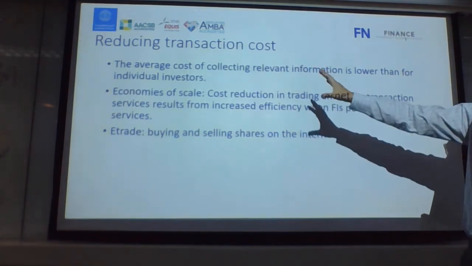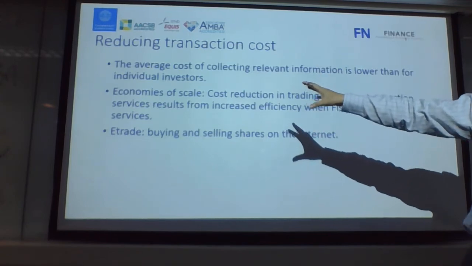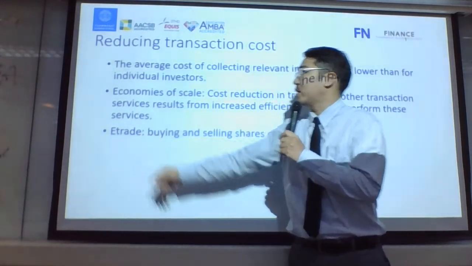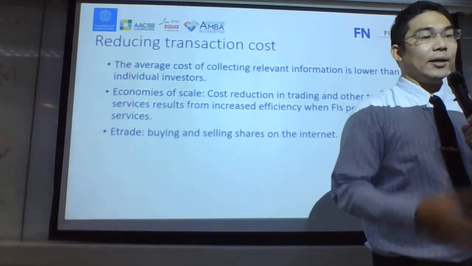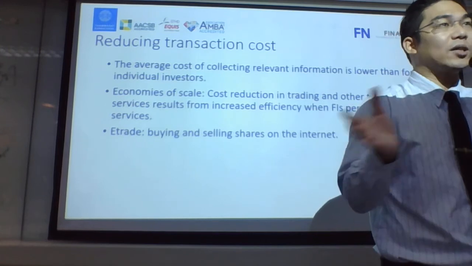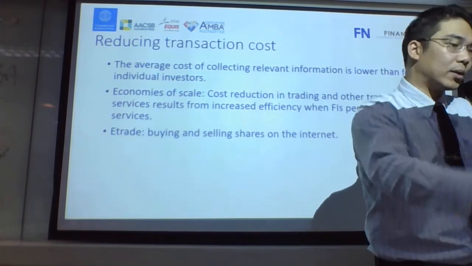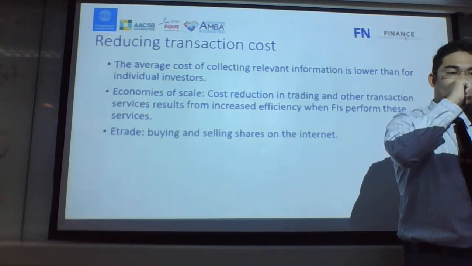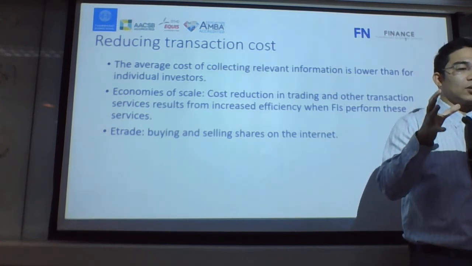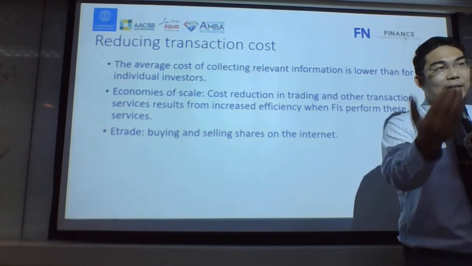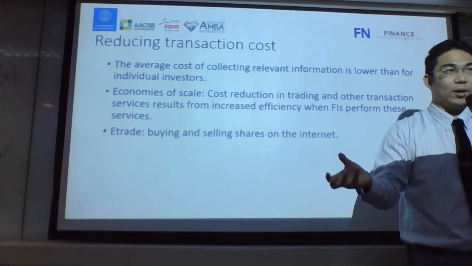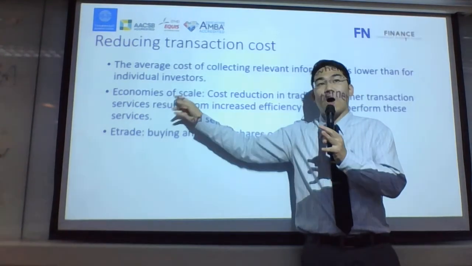At the time we had no blockchain. So that's why in the textbook they just use the economy of scales to explain why the financial institution can help you reduce the transaction cost. In the textbook, they will tell you that because bank has a really large fund, when banks engage in the transaction, the cost per transaction of the bank is really lower because of economy of scales.